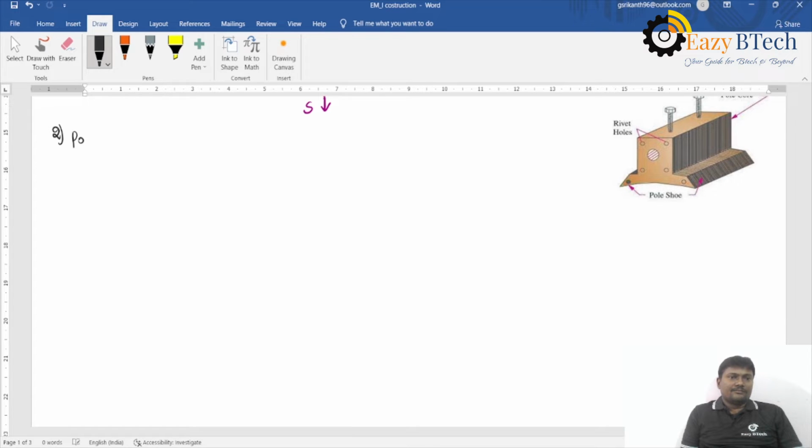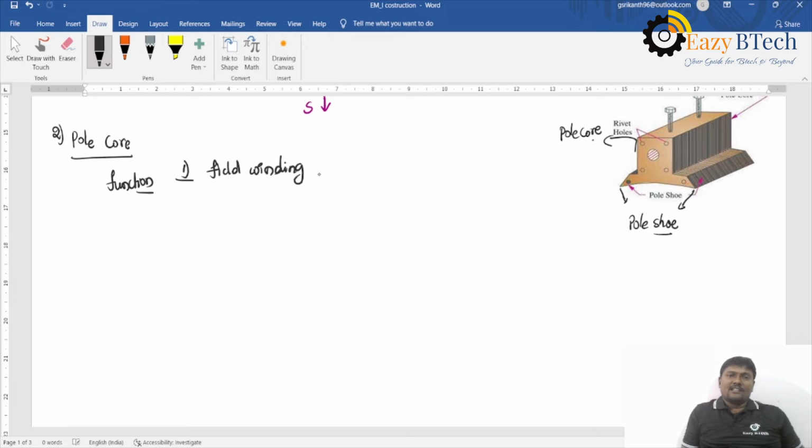Coming to the second part, the pole core. This part is called the pole core, and the edges of this part are the pole shoe. What is the function of the pole core? On the pole core, we wind the field winding.